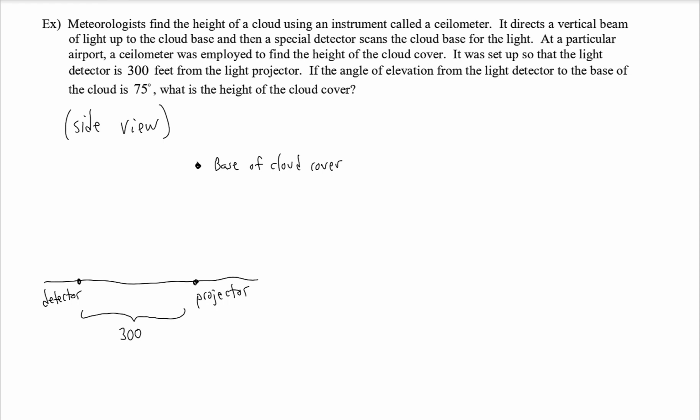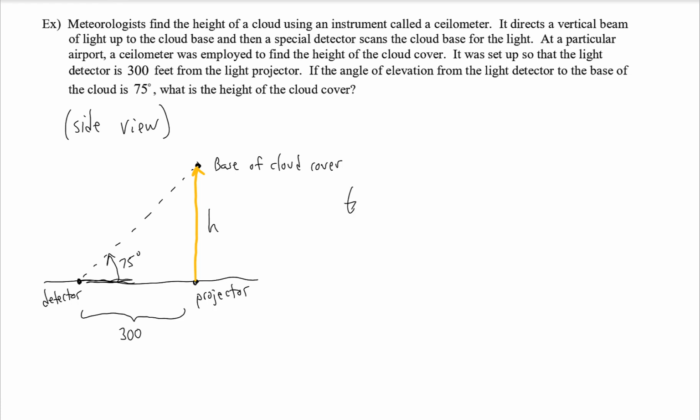If the angle of elevation from the light detector to the base of the cloud. So here's the detector. You're going to aim it up at the base of the cloud to find the light that is being projected. It's going to shine light up to the base of the cloud, and this detector is going to try to find that light way up there. So it says the angle of elevation, so I start from horizontal and then go upward. That's 75 degrees. We're supposed to find the height of the cloud cover, in other words, this distance.